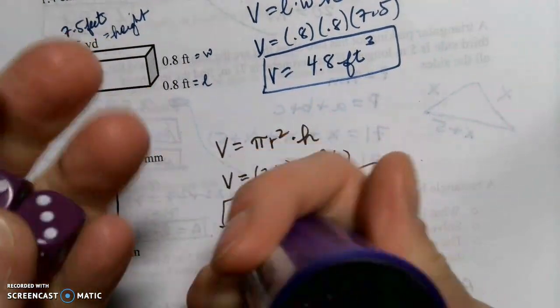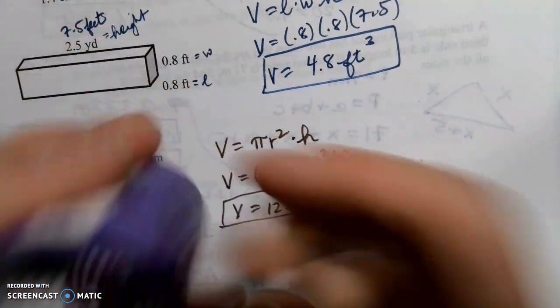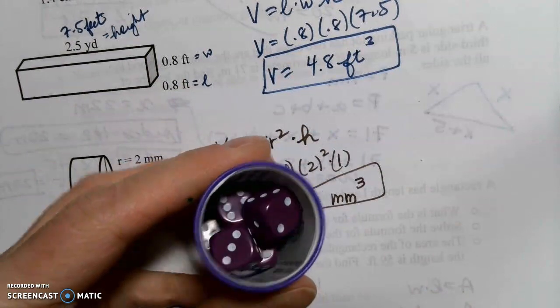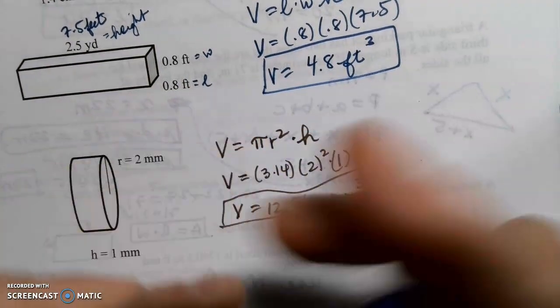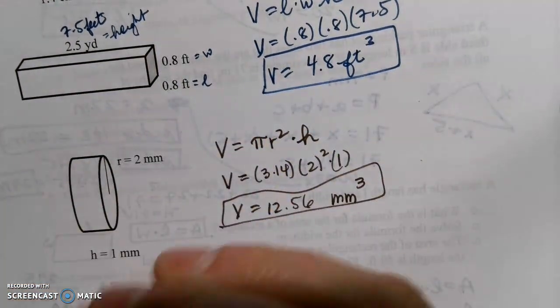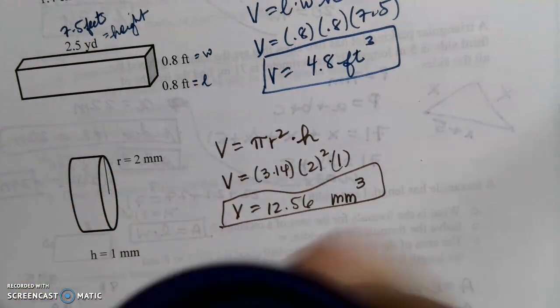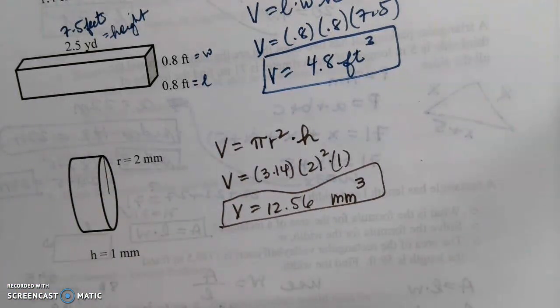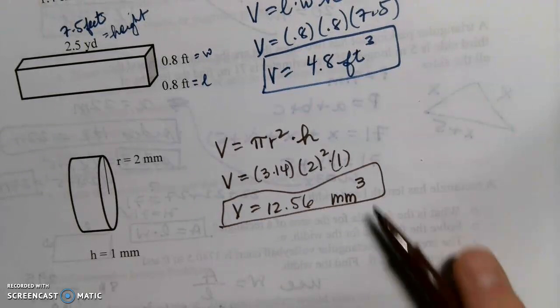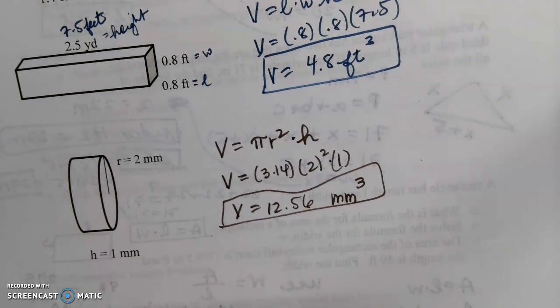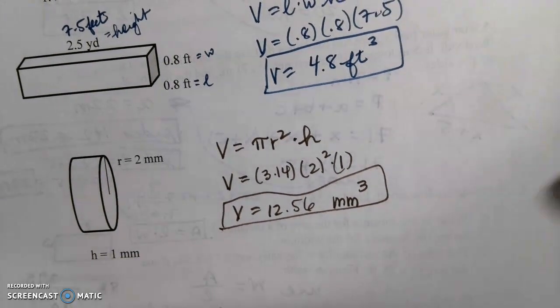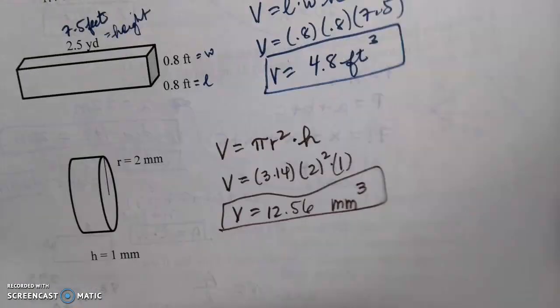Those look like they're stuck. That's all right. But you get the idea. We're figuring out how do we fill this up, and we're using cubes to do that. And we're doing that geometrically too, not just with the fact that I have dice in this little container. And that is, again, why it is a cubic unit for that. How many cubes does it take to fill that up?